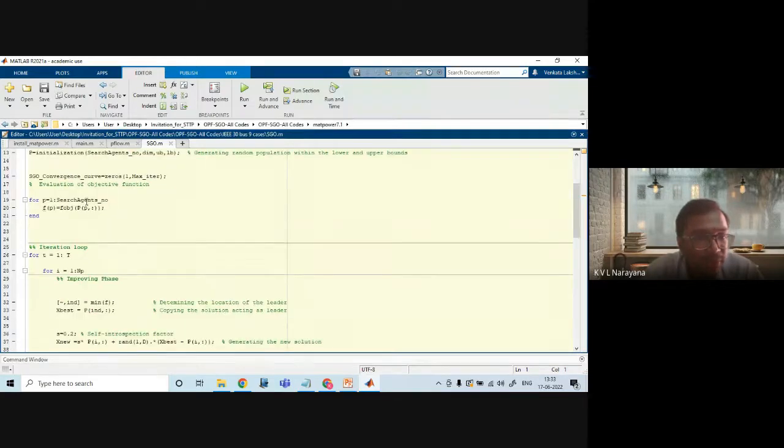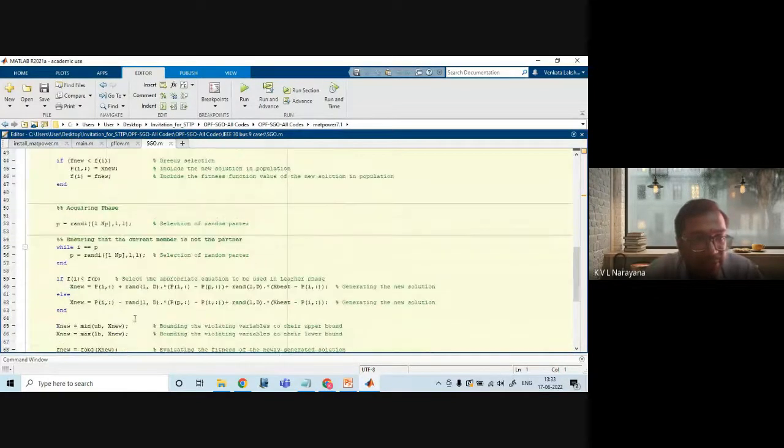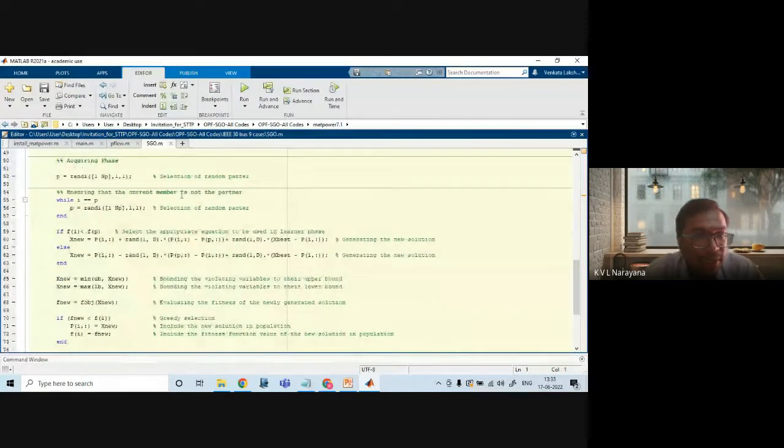Based on the working of the SGO, it will perform the improving phase and acquiring phase, ensuring that the current member is not the partner based on some conditions. If the fitness of the old member is less than that of the new member, the old member is retained. If the fitness value of the old member is greater than the fitness of the new member, then the old member is replaced by the new member.